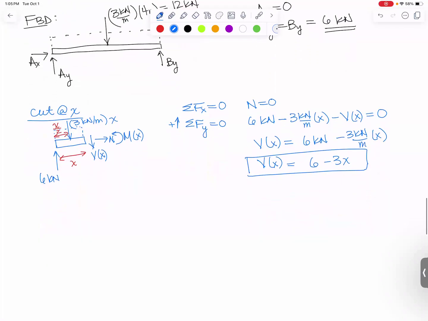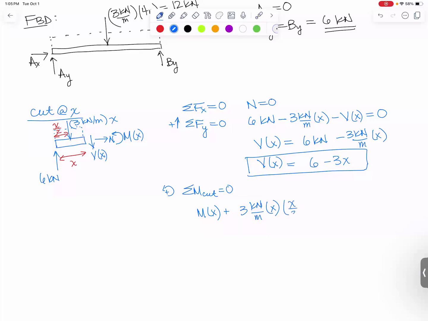But let's also sum moments about the cut to solve for our bending moment. So for summing moments about the cut, I will have, first of all, M of X. And then also in a counterclockwise direction, I'm going to have 3 kilonewtons per meter times X. That's the magnitude of the force. And now the distance away from the cut would be X over 2.